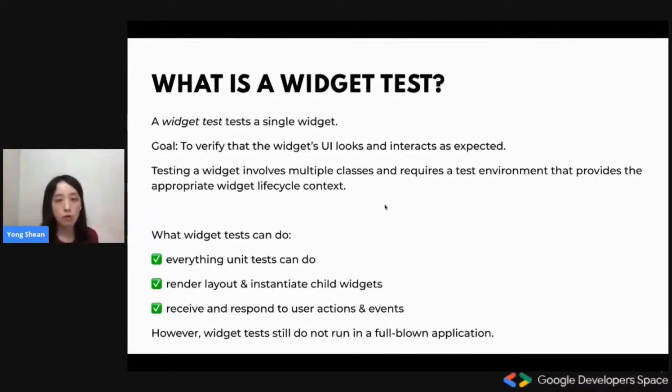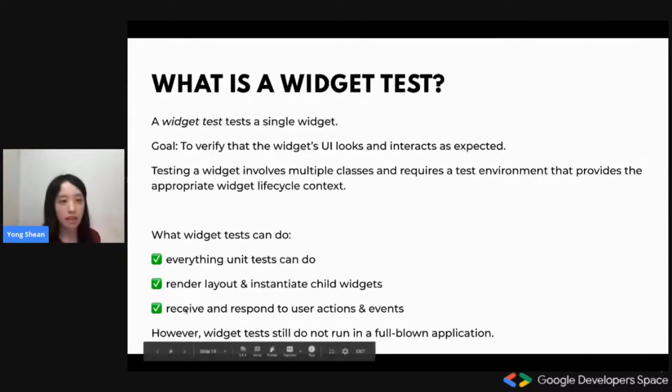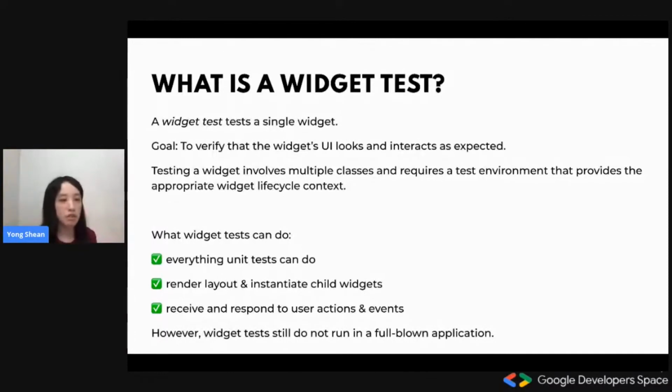And also it requires a test environment that provides the lifecycle context for that widget. So the widget test can actually do everything that a unit test can do, and it is responsible for rendering the layout and instantiating the child widgets. You can also test whether it can receive and respond to user actions and events correctly.